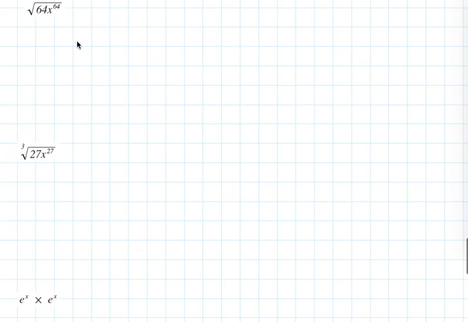Looking at the next example, 64x. Hold on.